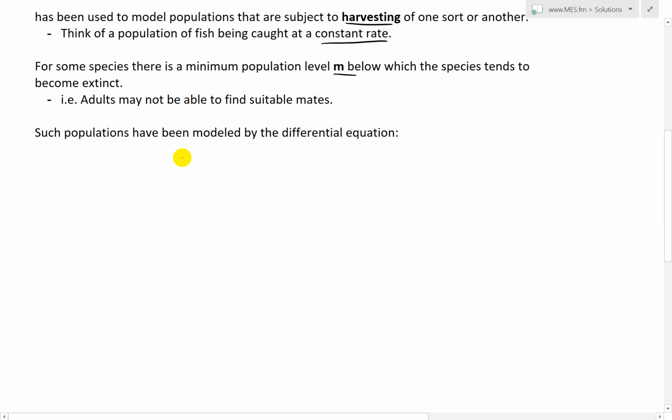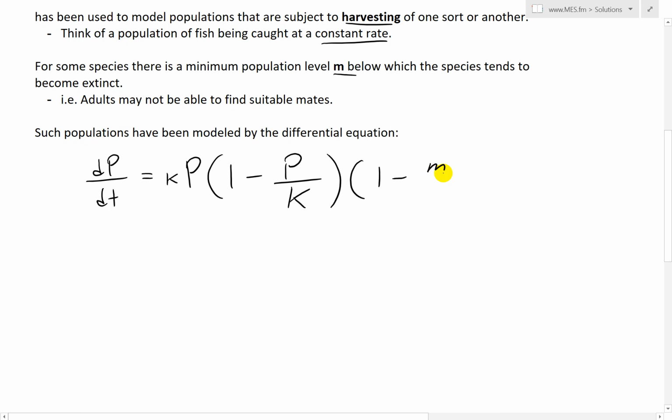And such models have been modeled by the differential equation, and this one is another slight modification of the logistic equation. So dP over dt, the growth rate, equals k times P times 1 minus P over capital K for the carrying capacity, and then times this 1 minus m over P, like that.